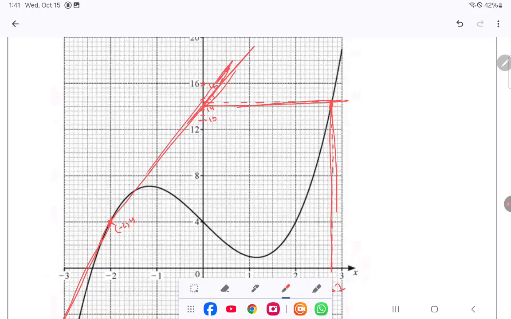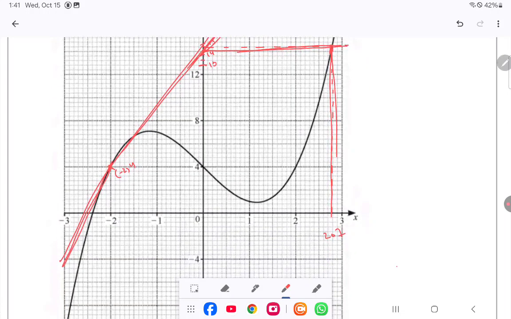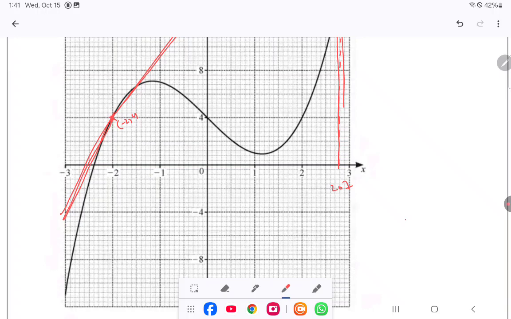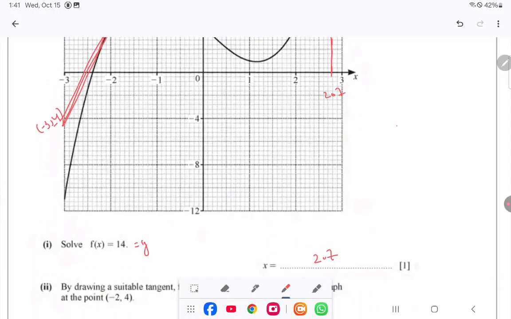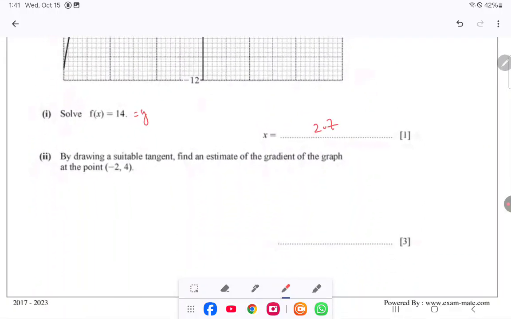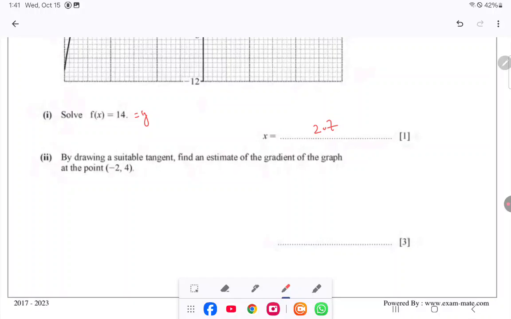Something like a straight line is here, and this gives our next point which is negative 3 comma negative 4. By that we can use these 2 points to get the slope. First is negative 2 comma 4, second is negative 3 comma negative 4.